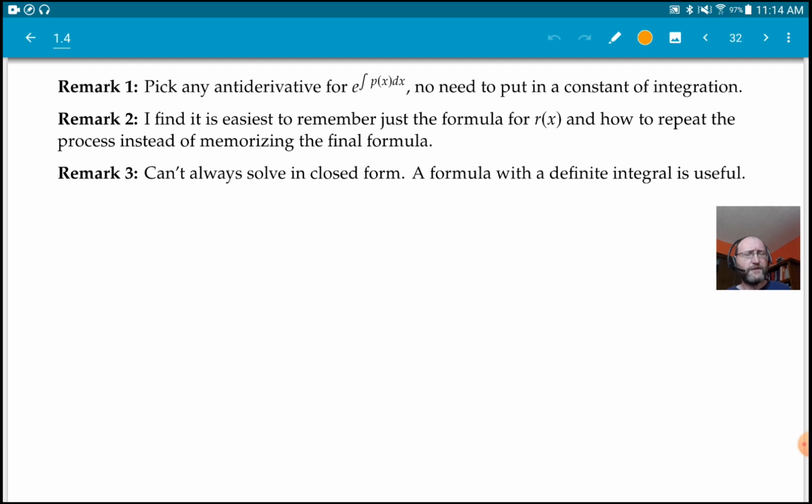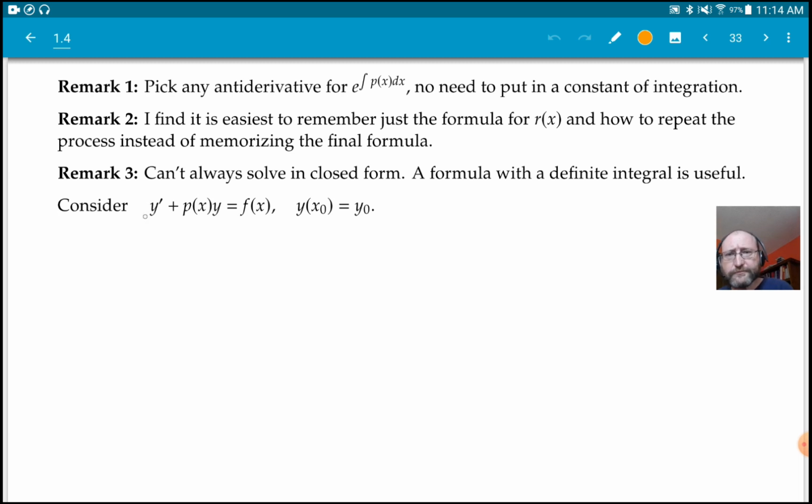So sometimes you can get a solution in terms of definite integrals, and there's nothing wrong with writing things down as definite integrals. If you have to have a computer approximate definite integrals, it's very, very quick to do that. There's no issue with computing integrals. So you can write down the definite integral version of this as well.